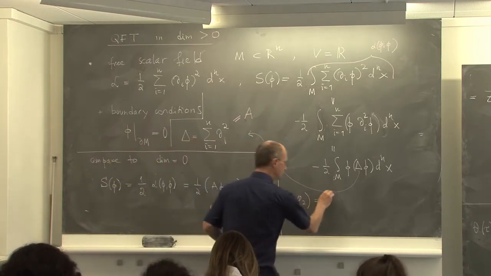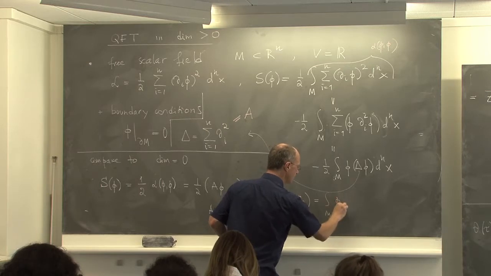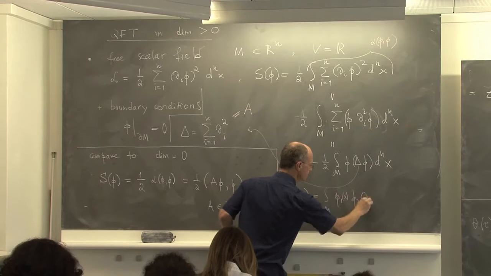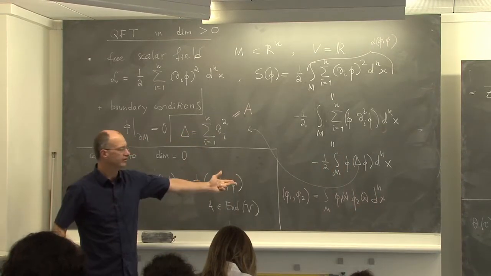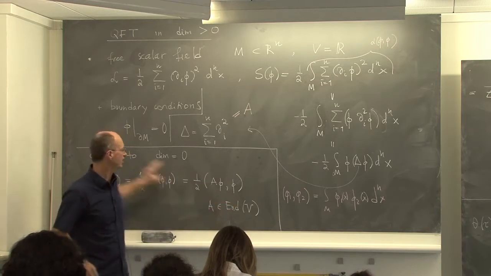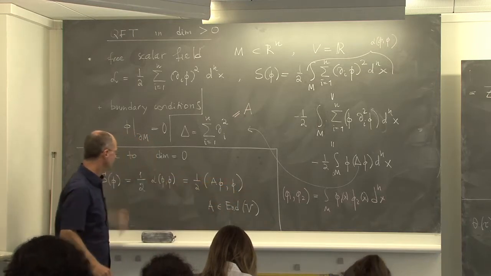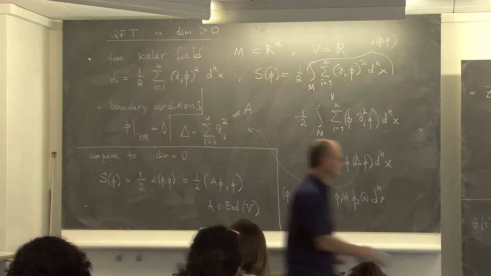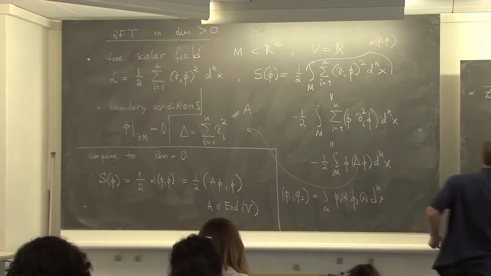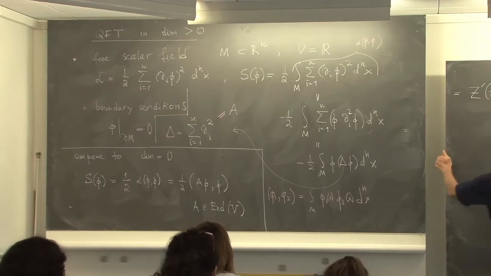Just an integral over M, phi 1 of x, phi 2 of x, d^n x. So we identified the objects that we had with our free field, with our dimension 0 situation.